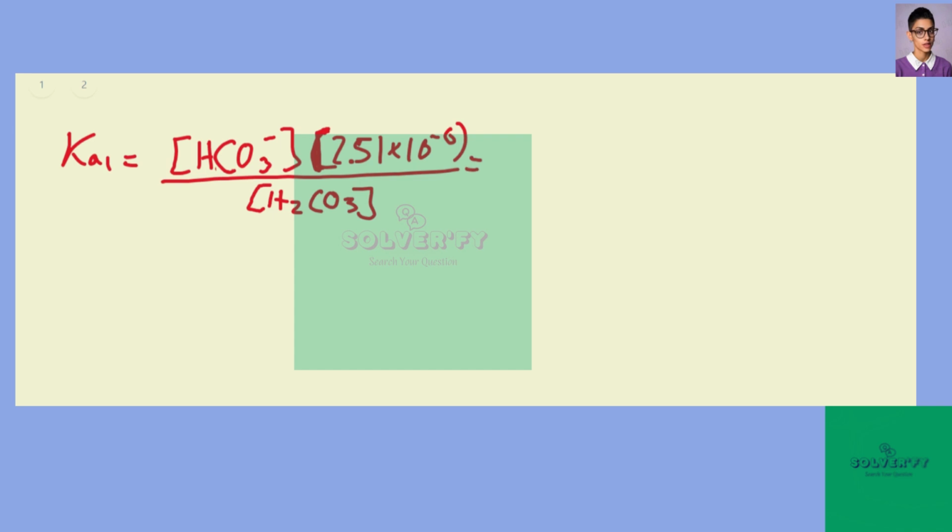And all of this is equal to 4.3 times 10 to the minus 7. So we can solve for this ratio of HCO3 to H2CO3, and it is 0.171.